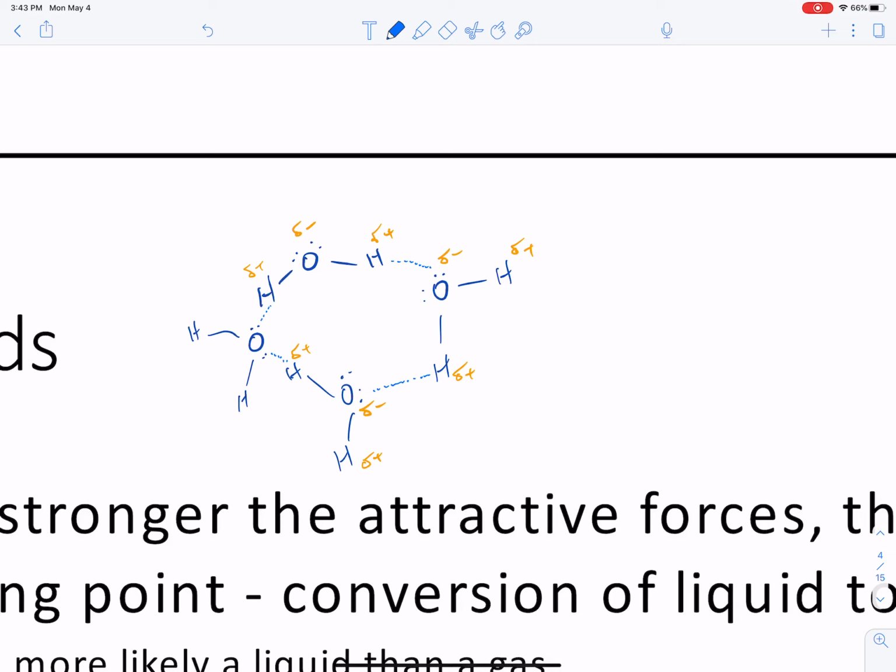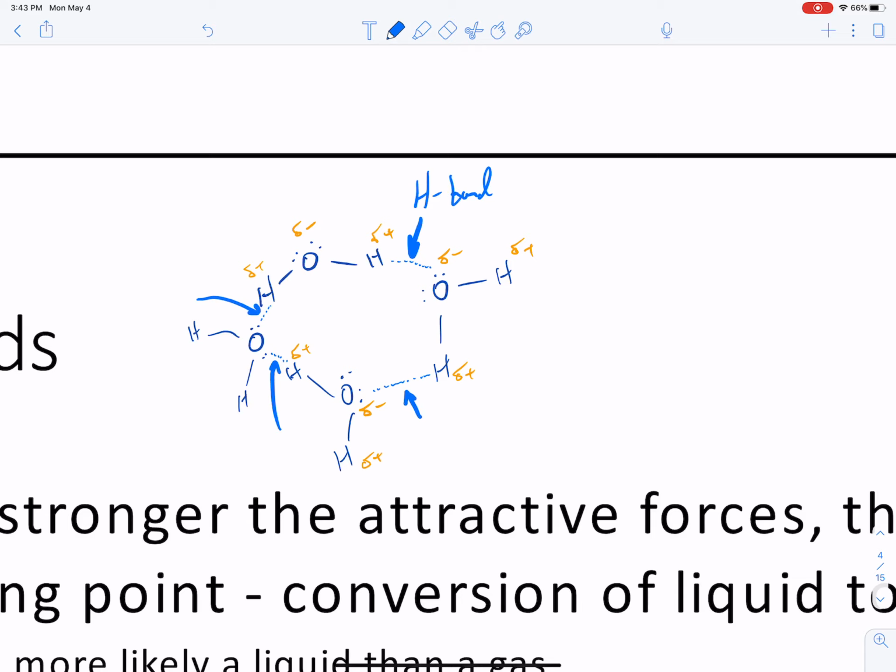So you start to see that you have different bonds that are not full bonds, but are kind of little bitty bonds. Each one of those things is called a hydrogen bond, because you have a hydrogen that's partially positive that's attracted to an oxygen that's partially negative.